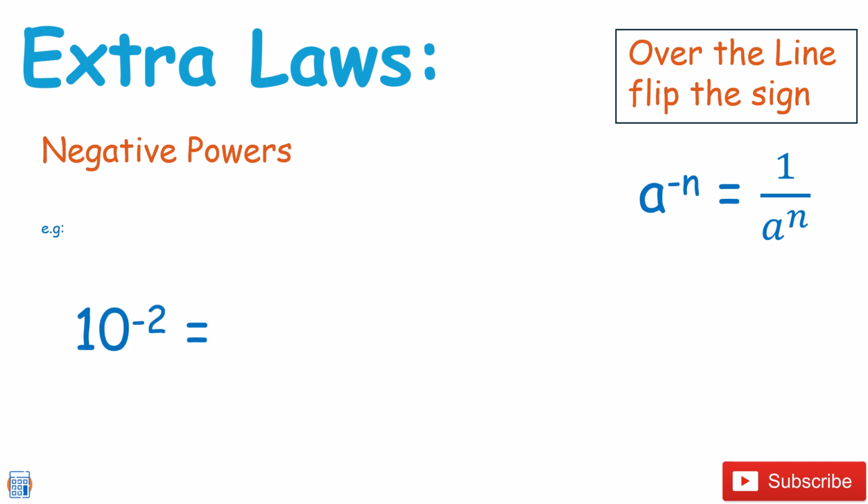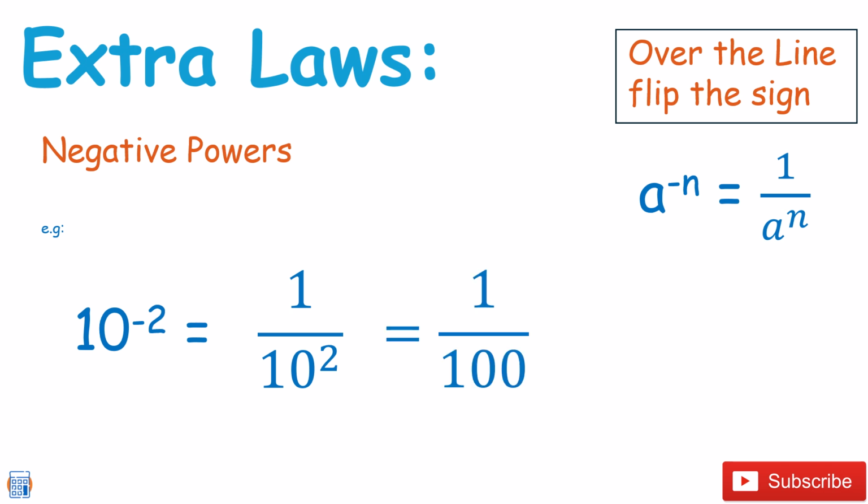So if you have 10 to the minus 2, you can put it over the line, which means the 1 over, and then flip the sign of the power. So 1 over 10 to the positive 2. You could use the equation if you find remembering it easier. And then you can simplify and you get 1 over 100.